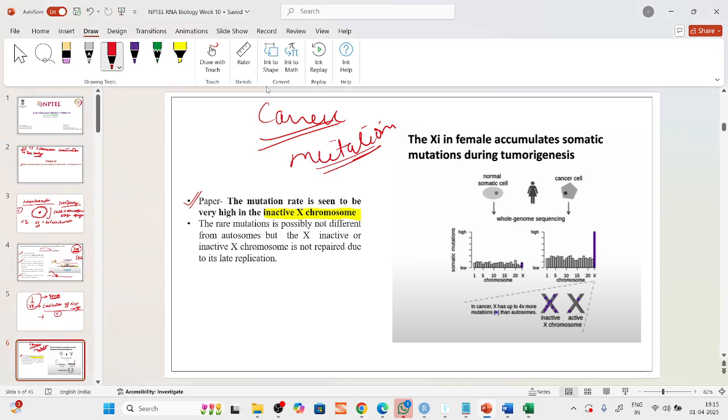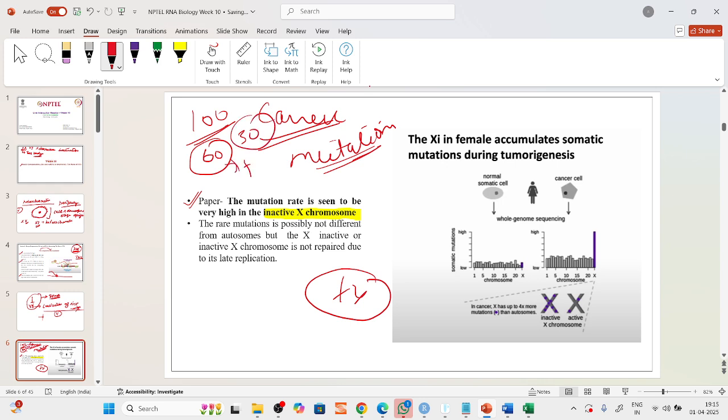Germ cells are responsible for deciding the sex of the body and all the characteristics related to that. So germ cells means X and Y, and somatic cells are all other cells. So even in the case of cancer, if there are, let's say, 100 mutations, you will see that 60 mutations are in the X chromosome and 30 mutations are in the autosomes. And in that X chromosome also, these are in the inactive X chromosome.